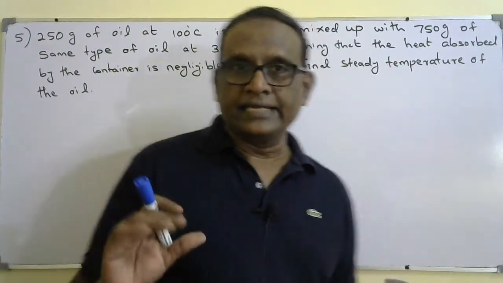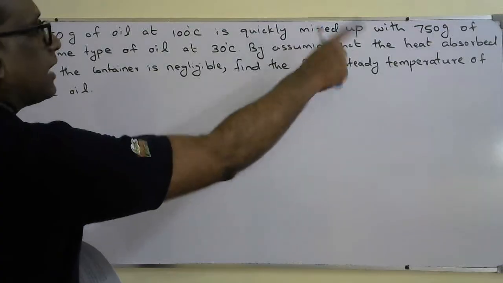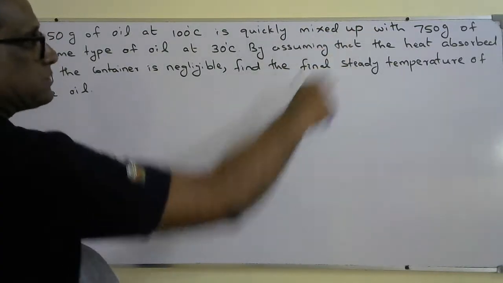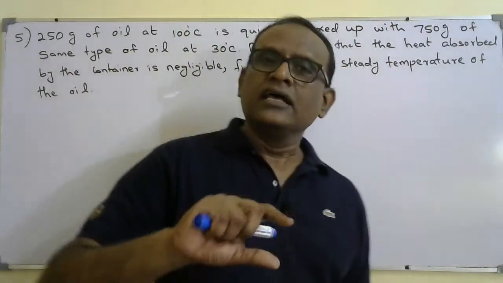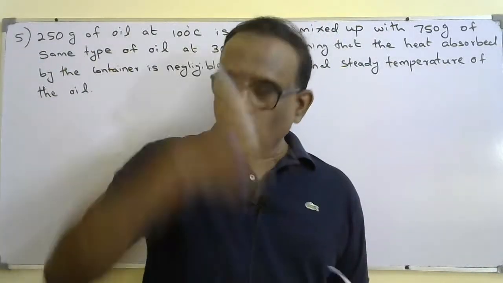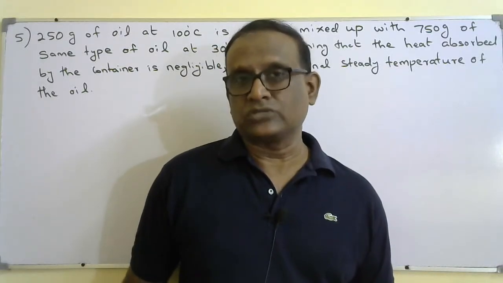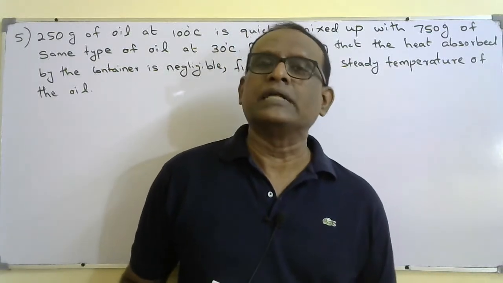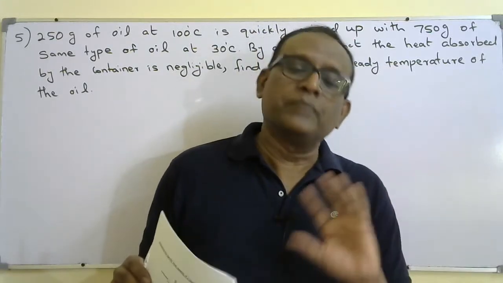One oil is at a higher temperature, which is 100 degrees Celsius. The next oil, which is the same type, 750 gram, is at a temperature of 30 degrees Celsius. So when you mix them, what could be the final temperature? That's the question. Here also, simple. We don't need to consider any heat absorbed by the container.